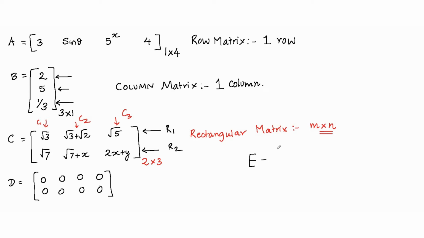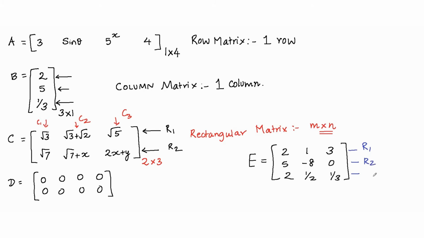So consider the matrix E, which is written as 2, 1, 3, 5, minus 8, 0, 2, half, 1/3. In this particular matrix E, you will notice that there are 3 rows, row 1, row 2 and row 3.